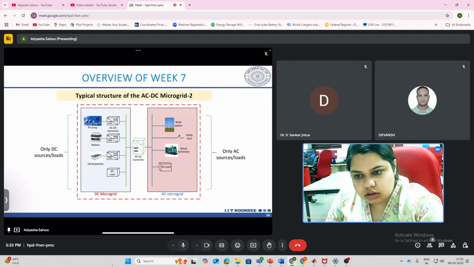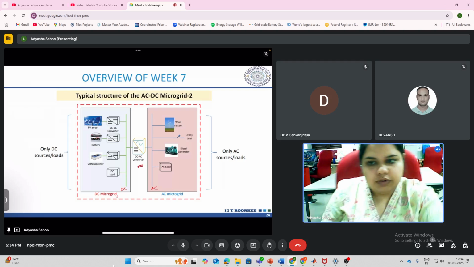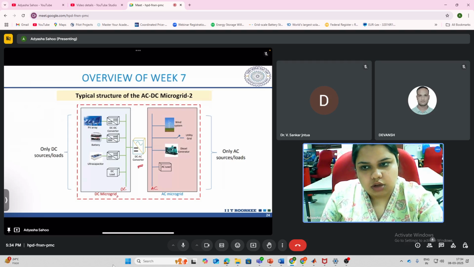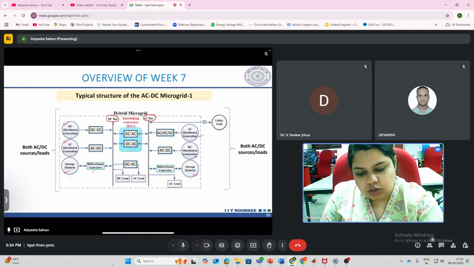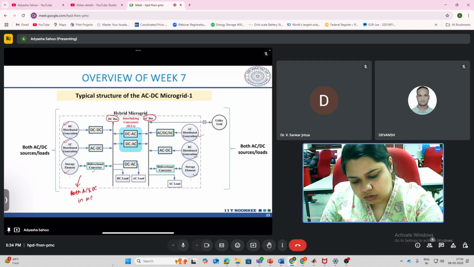Now in configuration 2, what you have is a pure DC microgrid here with a DC bus, and a pure AC microgrid here with an AC bus, and you have an interlinking converter. So what is the difference between these two configurations is, in this you had a mixture of both AC and DC in microgrid 1, and here also you had both AC and DC in microgrid 2.